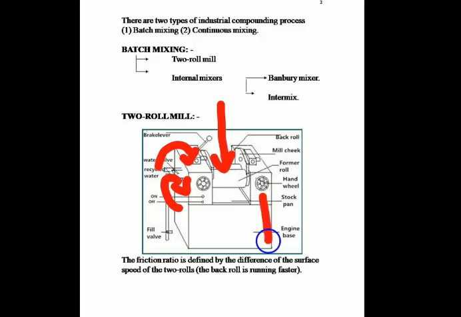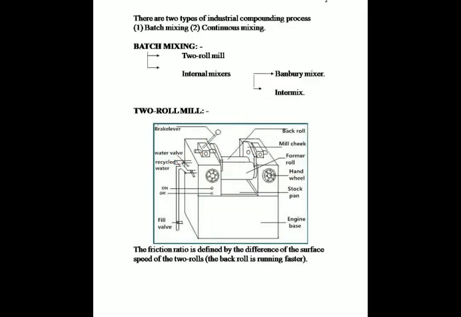The nip gap can be adjusted using this adjuster, so that the front roll can be moved forward or backward and the nip gap is modified. For heating and cooling purposes, these rolls are hollow in nature.